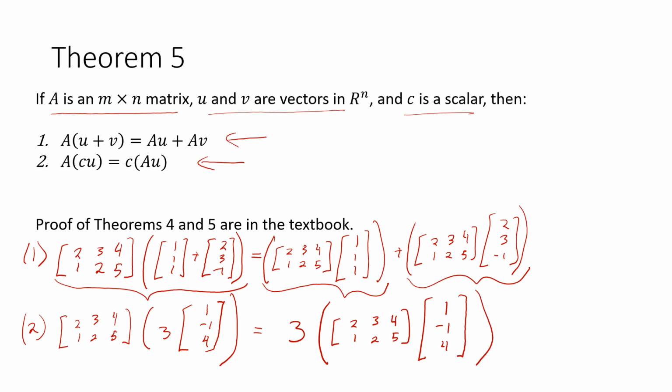And you'll come up with the same thing. Again, try this out. Multiply your vector by your constant first, and then multiply by the matrix, and then do it again the other way. Multiply your matrix by your vector, and then multiply by the constant. And you'll see you come out with the exact same thing.